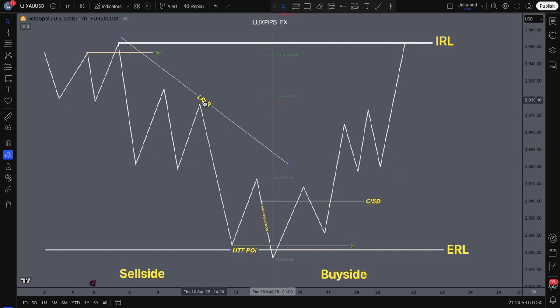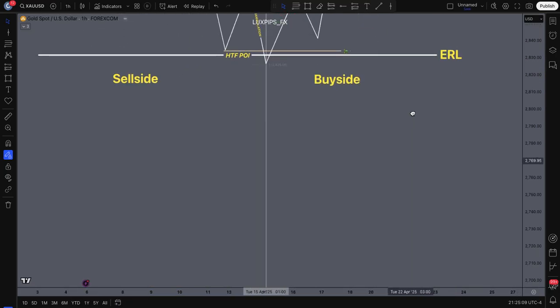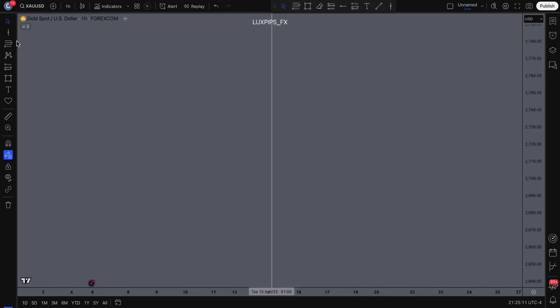What I really want to start with is the LRLR. This is a pretty important lesson a lot of people don't put into their MMXM courses. So I need to make an illustration for that. So there's two types. That's LRLR. That's HRLR.